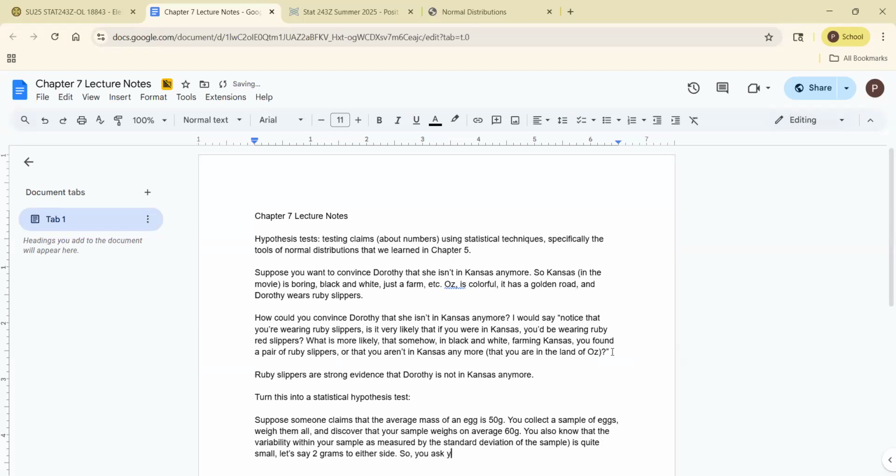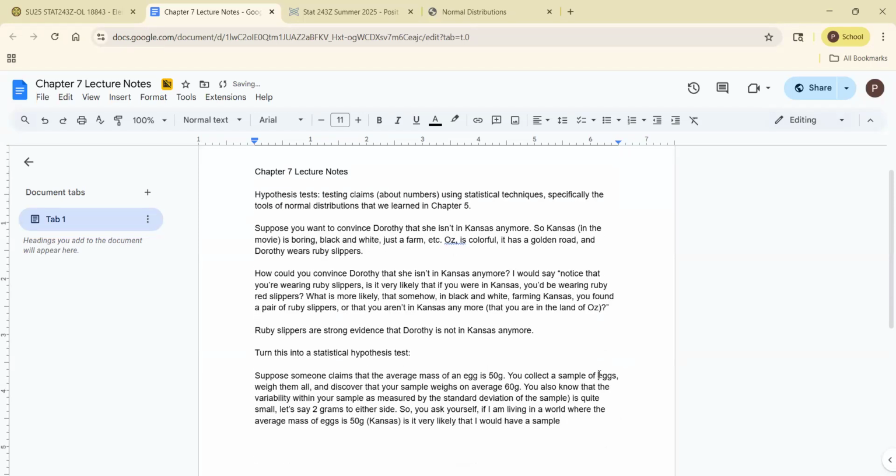So you ask yourself, if I am living in a world where the average mass of eggs is 50 grams, that's Kansas, is it very likely that I would have a sample, let's do a sample of 35 eggs, where the average mass is 60 grams.